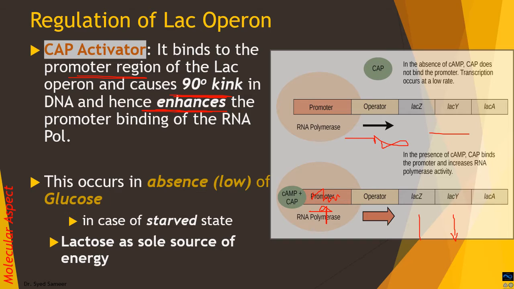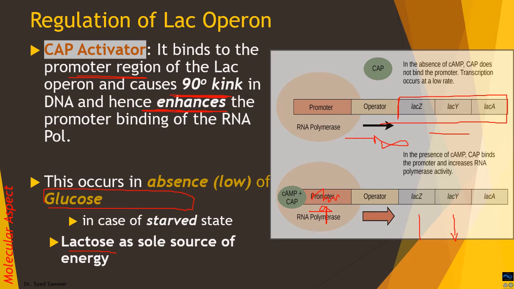When does this happen? This happens when there is a complete absence of glucose, or glucose is very low in concentration, and concomitantly lactose is very high. So when lactose is high, we need certain enzymes, these two kinds of enzymes, the beta galactosidases and the permeases, to utilize lactose as the sole source of energy, and hence we need the expression of these structural genes of the Lac Operon.